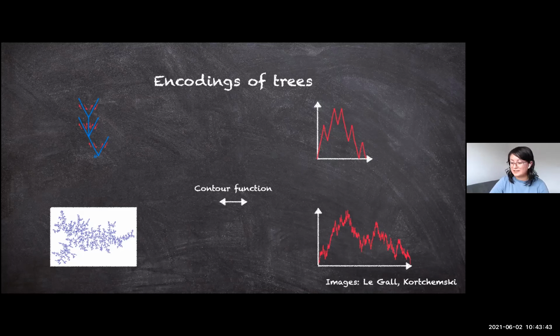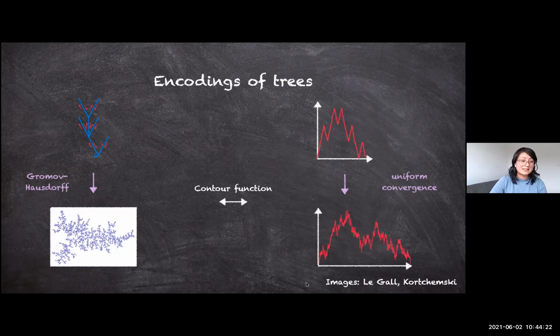And this is on the real line. What is beautiful is that uniform convergence of real functions corresponds to Gromov-Hausdorff convergence of trees. So if our discrete tree, on the upper right, is a large Galton-Watson tree with a fixed number P of children, then the corresponding contour function will converge weakly to Brownian motion.